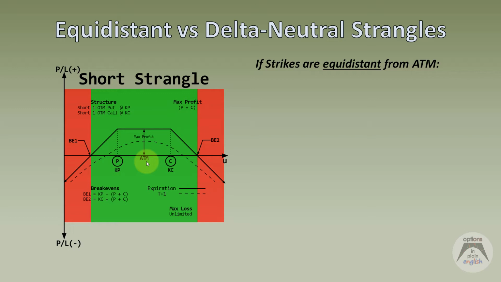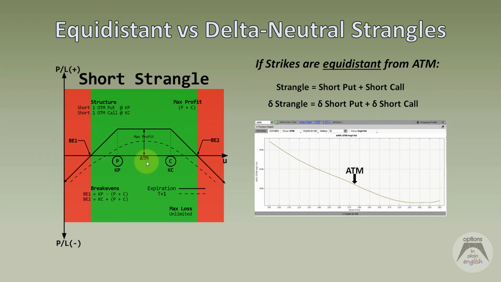However, if we go deeper into the details of how the options are priced, you're going to notice that the strikes being equidistant from the at the money doesn't give that result. We know that the strangle is a short put and a short call. The delta of the strangle is going to be the delta of one plus the delta of the other one, so the delta of the short put plus the delta of the short call. But we have a volatility skew.